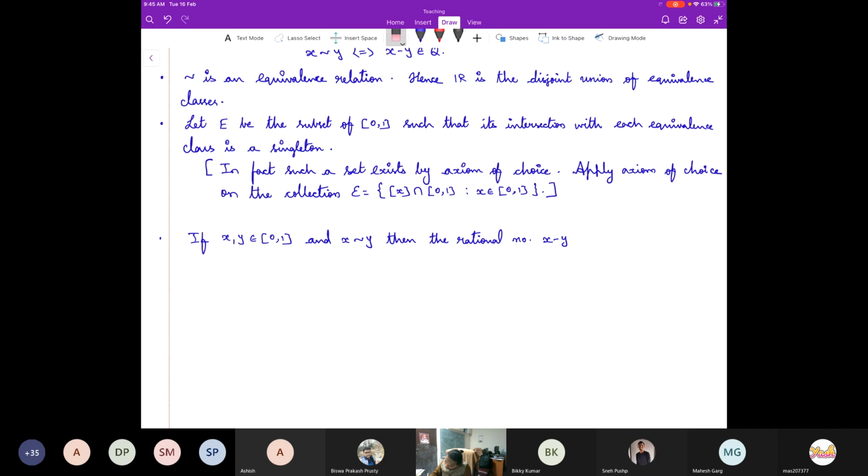So let r equal x minus y, which is in Q. Now what can you say about this r? What is the lower bound and upper bound for this r? Lower bound is -1. Upper bound is 1.